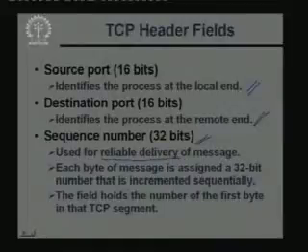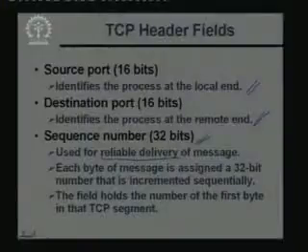Now, you are trying to transmit a message. A message may not be transmitted in one go, it may have to be broken up into smaller pieces, and several TCP packets may be generated corresponding to the same message. So, what will TCP do?